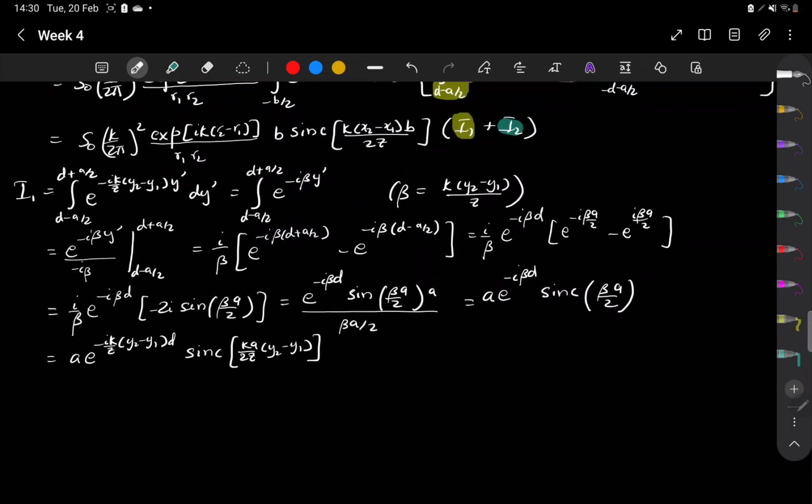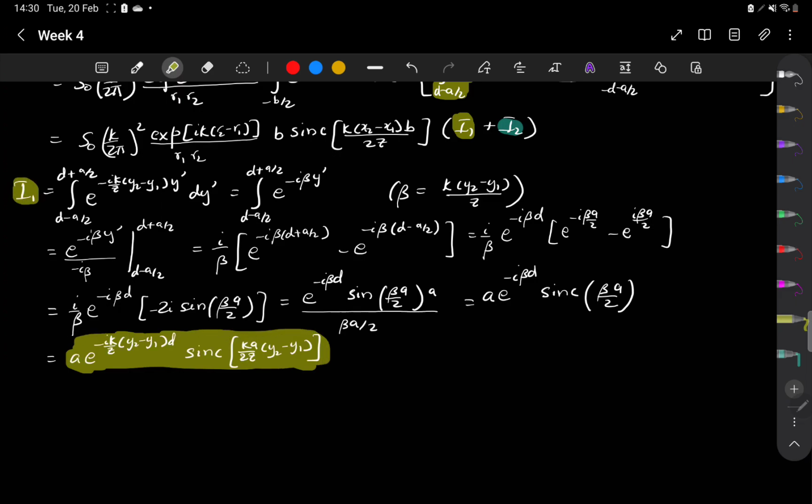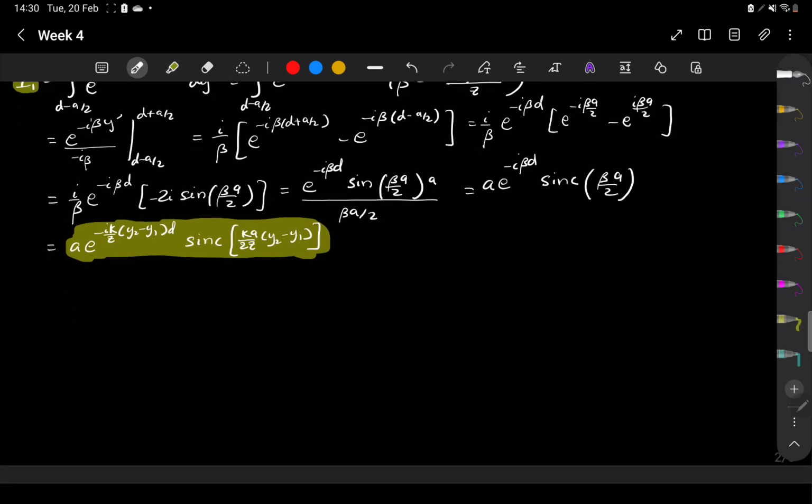So this is I1. Similarly, we will get for I2.